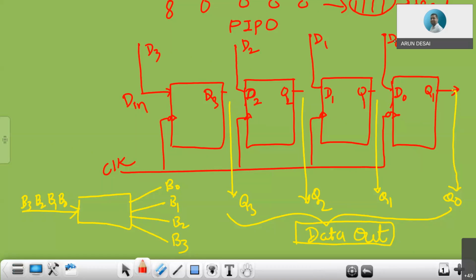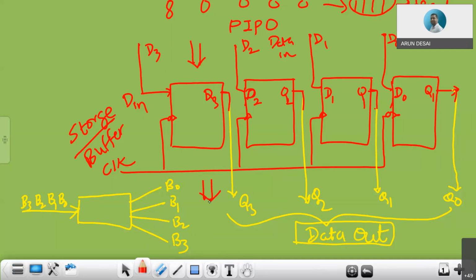Data comes in parallel from here and gets out from these flip-flops. So data in is parallel and data out is parallel, right? This is referred to as a storage register, or you can call it a buffer register, wherein data is passed directly to each and every flip-flop and gets out from those flip-flops on a single clock pulse, right?